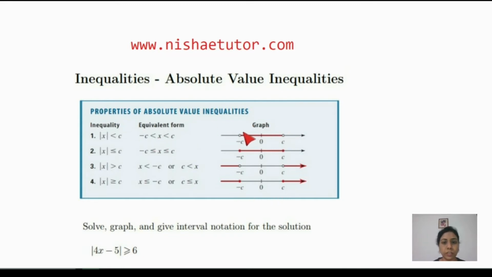Here, for not equal to, we use a curved bracket, like this. And if there is an equal to sign, that means include, so we use a square bracket.